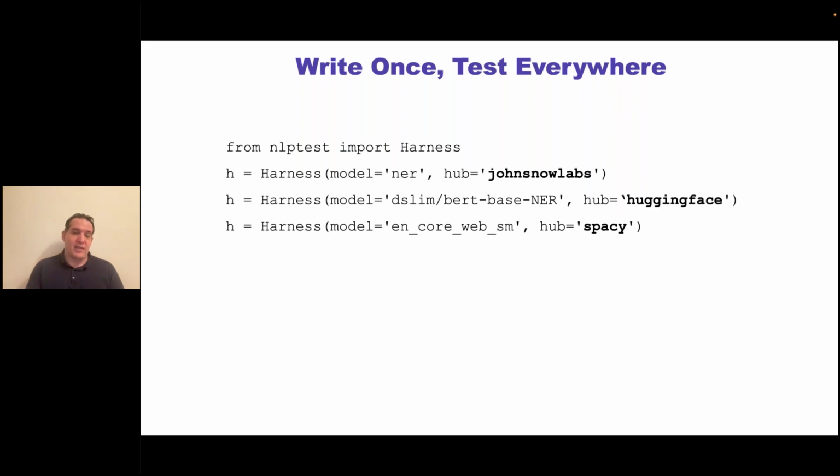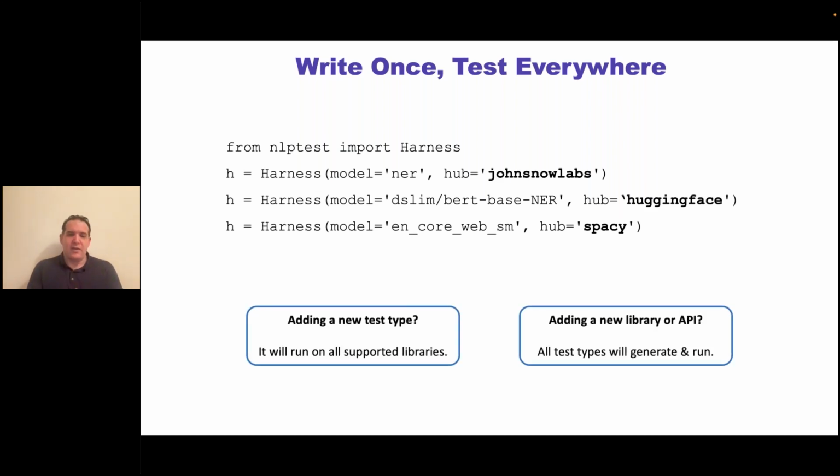But the goal is to get to a point where, first of all, if you're adding a new test type, for example a test for toxicity, once you've implemented it, it's going to work with all the supported libraries. So it's going to work on any Hugging Face, spaCy, OpenAI or Johnson Labs model, and other libraries as they get added, because it's separated in the code.